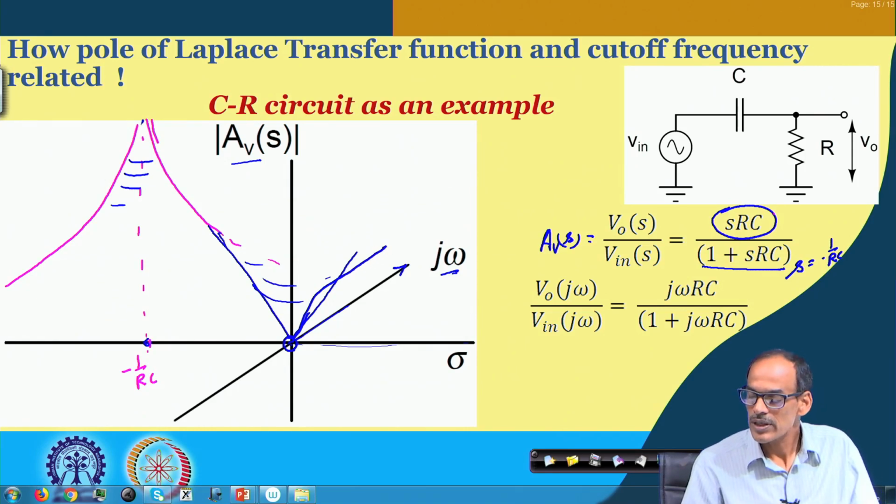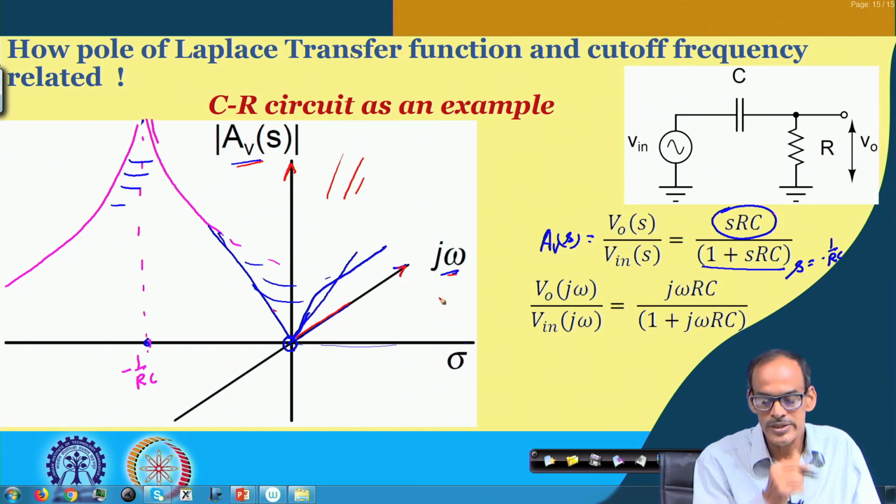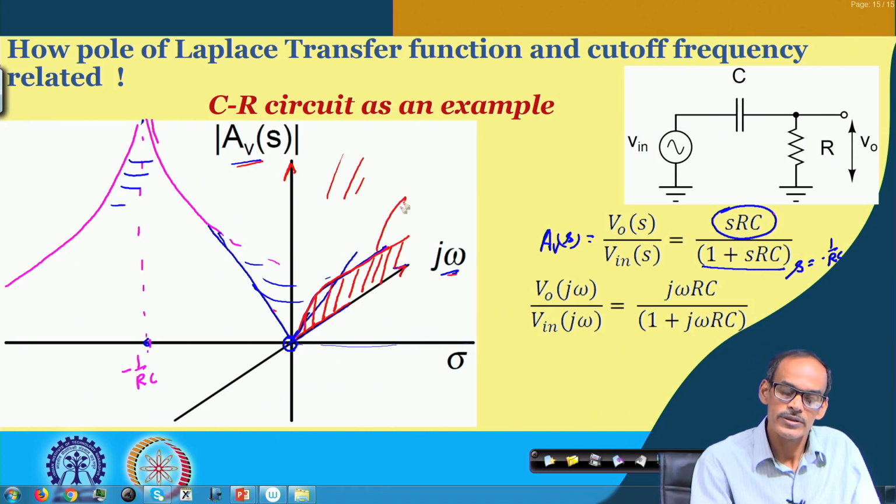So, earlier, whatever cut set we have drawn along the j omega axis, if this surface is cut by the vertical plane constructed by AV and the j omega axis, then whatever cut set we will be seeing here will have a cut like this. Again, this is representing the frequency response.